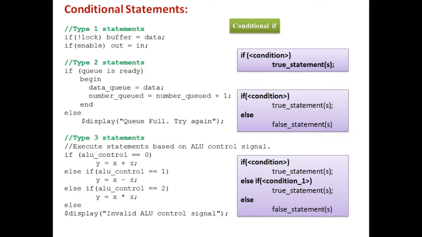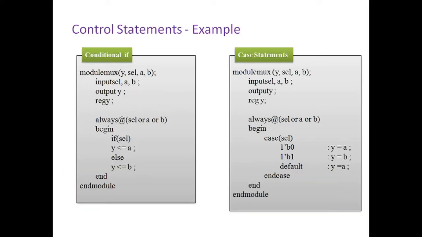So what is the purpose of this case statement? Let me have a quick recap on conditional if. I have taken here a 2x1 multiplexer as an example whose inputs are select line, a, b and output is y. Register y means we are writing the code in the behavioral abstraction. So always, that means a structured procedure is required.